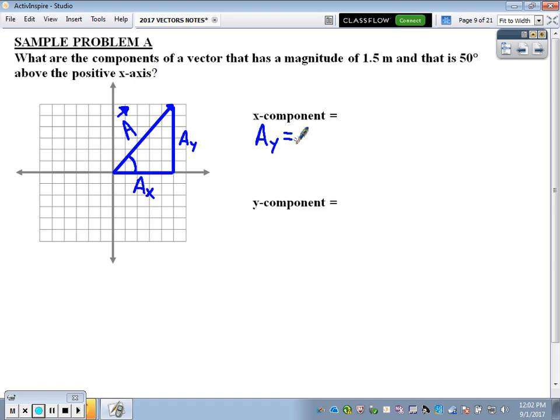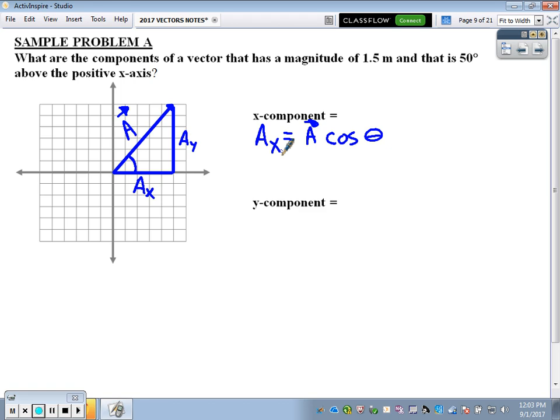Vector A, times the cosine of theta. That is a rearranged version of that, right? Question? This is, oh, I'm sorry, AX. Thank you. Okay, so we have AX equals A cosine theta. This is the rearranged equation for what we need, step one.